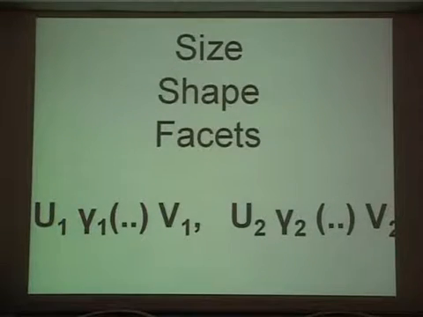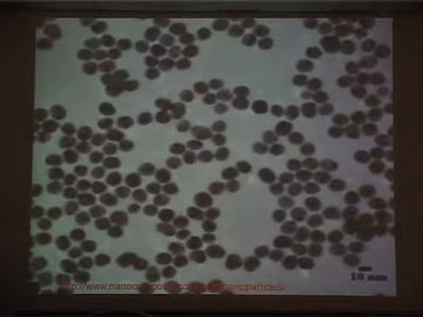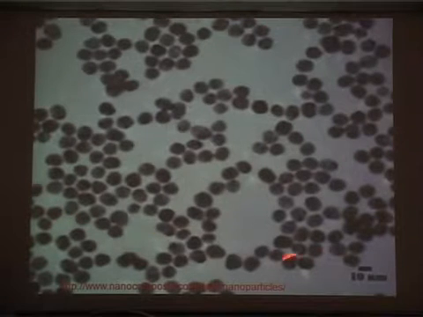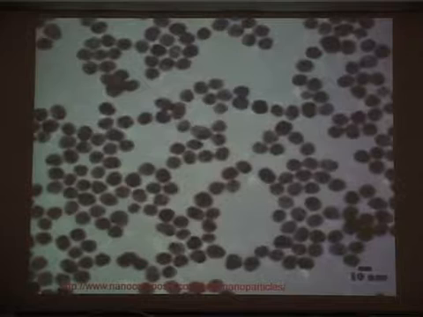The third thing is the facets that I am showing in the next figures. This is one schematic picture I have taken from this website. You can see roughly homogeneous particles of 10 nanometer dimensions, 10 to 12 nanometers, broadly. But if you look at the higher magnifications, see this particle and this particle, you can see there is facet development.